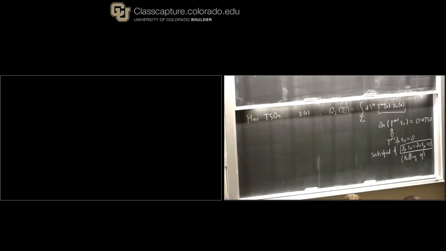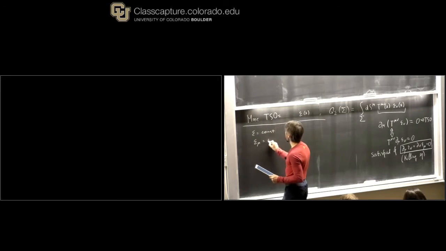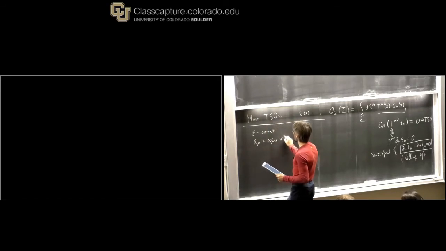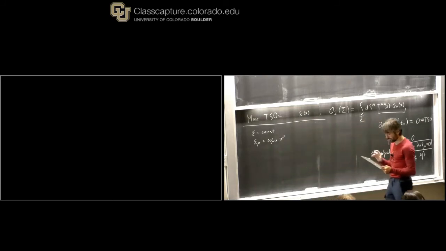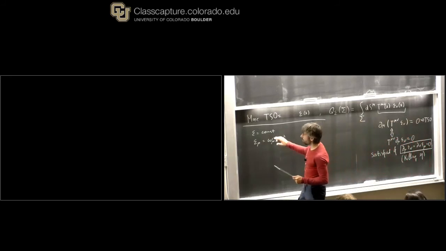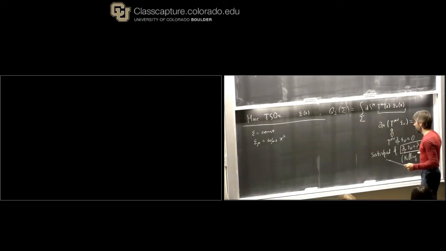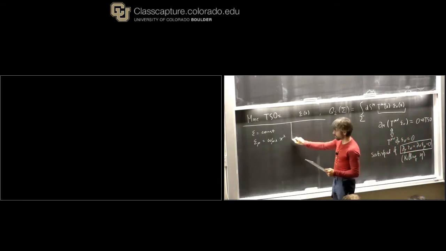Now we're just dealing with Poincaré. So we have this Killing equation, and it is solved by only two vector fields. It's solved either by ε equals const or ε_μ equals ω_{μλ} x^λ, which is the rotation vector field. Later on we are going to make further assumptions like scale invariance, and so we'll have more vector fields which give rise to TSOs. But for the moment we have to work just with these two.